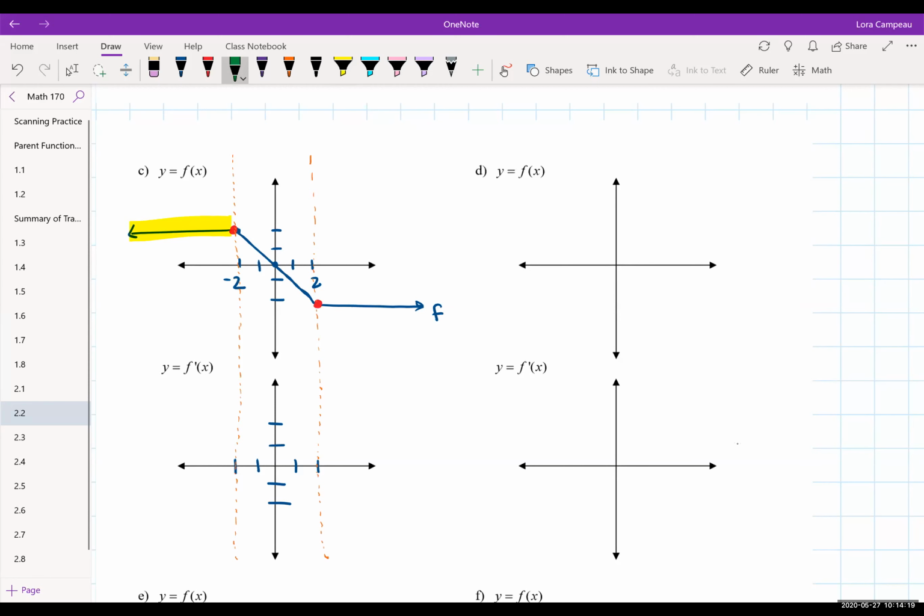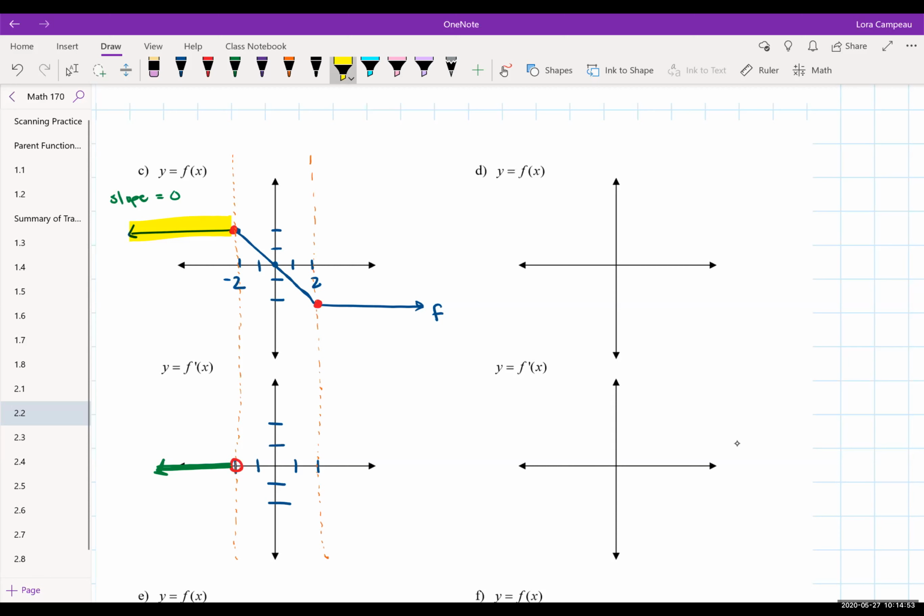function. See if I can highlight it, and I'll go with yellow. And if we want to talk about the slope on that piece, the slope of a horizontal line is always 0. So that's going to tell us for all the x values up until -2, where it's undefined, that might be a good place to put an open circle. We should have the derivative being graphed as y = 0 along that piece.